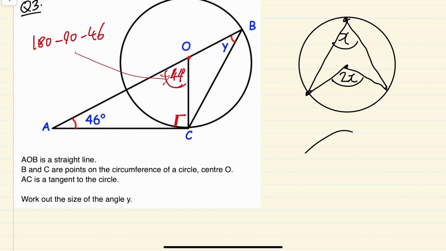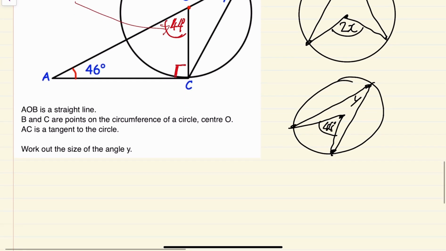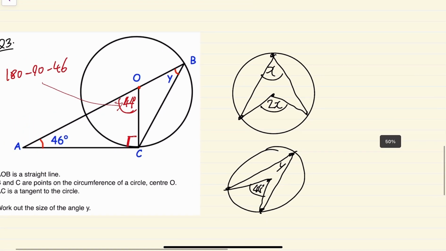So if you imagine if I rotated this, I'm going to do a couple of steps here to get to where I need to be. If I rotated this along, there's my centre. Okay, and if that was my y, and that was 44, then y would be half of the 44. Now it doesn't look quite like that, so we'll just change it a wee bit again.